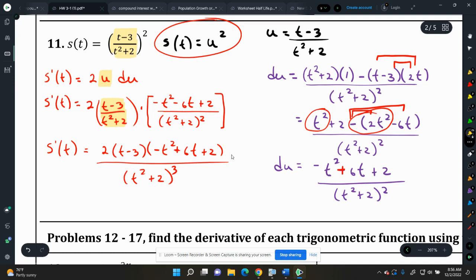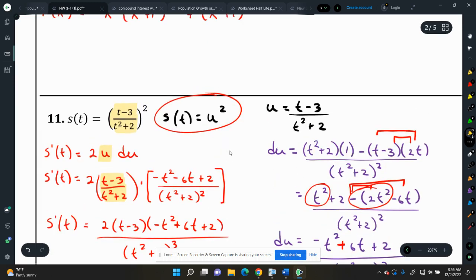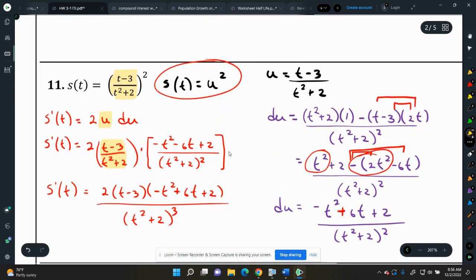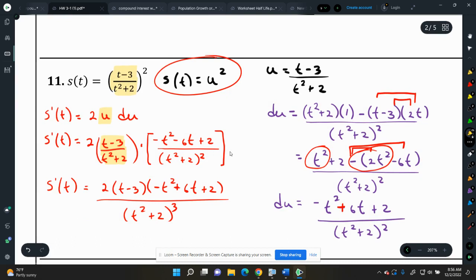Whenever we do outside inside for e, I automatically think e to the u times derivative of u. It's kind of already programmed. It's definitely the same thing. The u substitution is a way of organizing your outside, inside. It's more of just writing it out more. Yeah. But this would have gotten difficult to follow using the outside, inside.